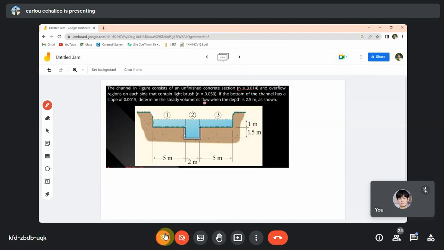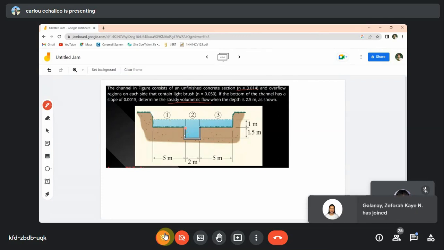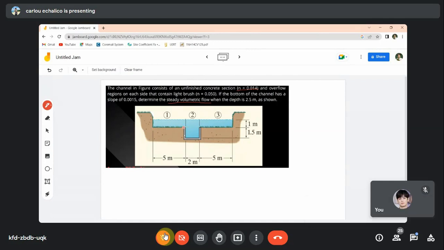If the bottom of the channel has a slope of 0.0015, determine the steady volumetric flow when the depth is 2.5 meters. So the unfinished concrete section is only the middle part, and the sides are not concrete. So how do we solve the discharge in this problem?